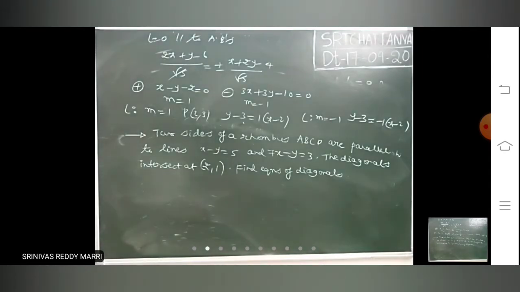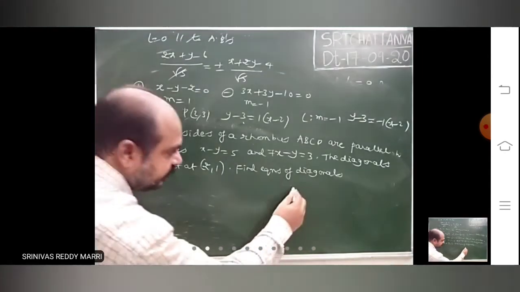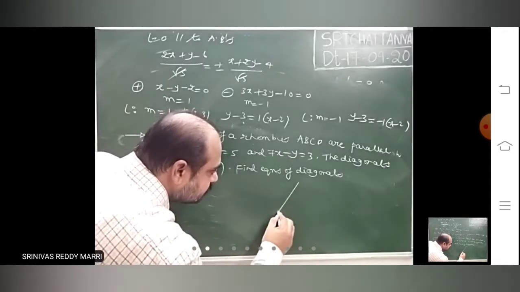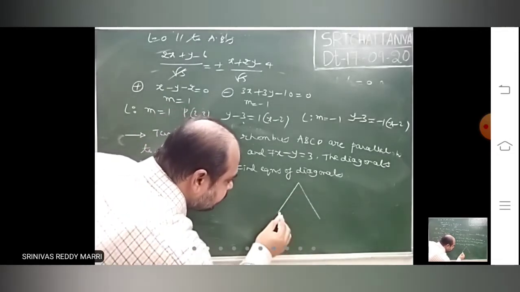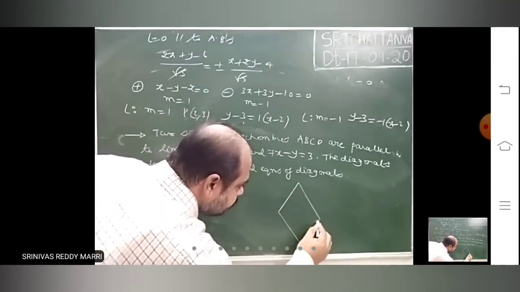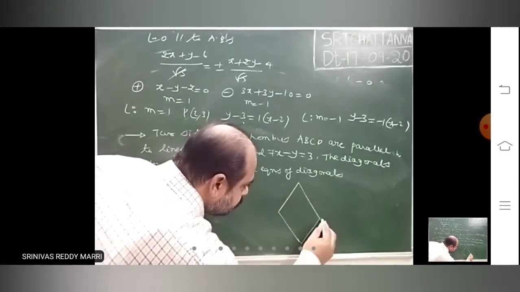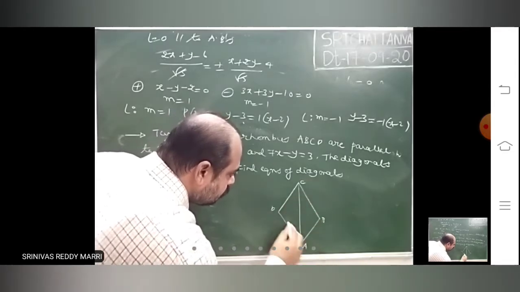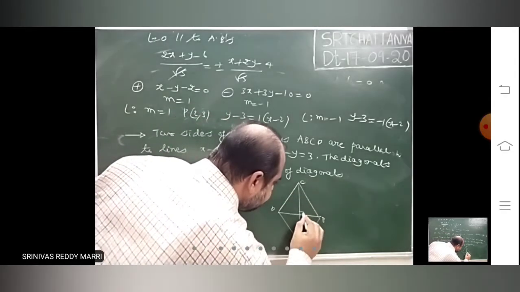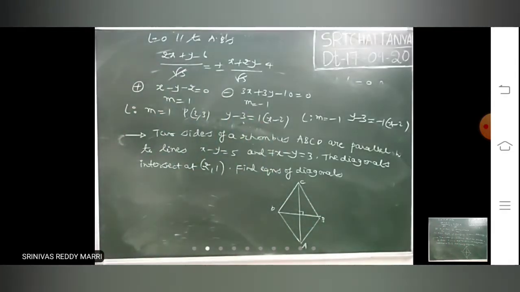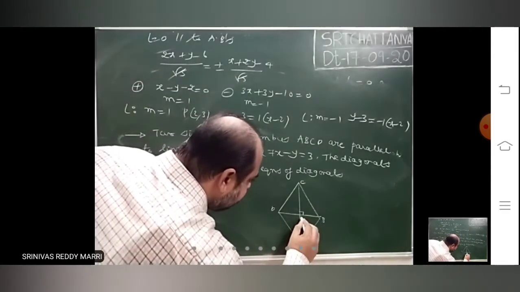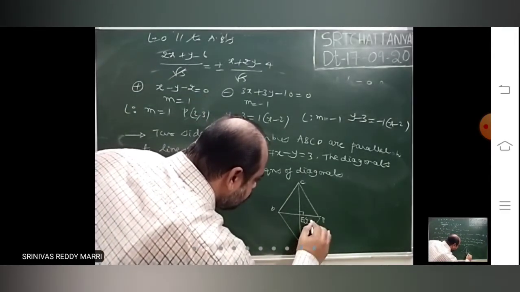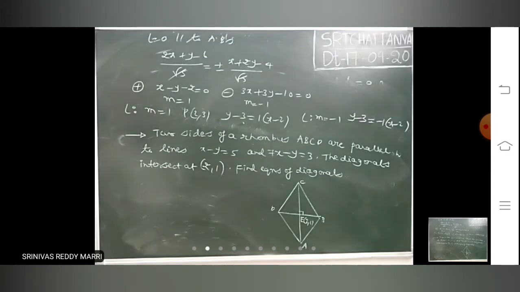Look at this problem. There is a rhombus like this. So the diagonals will be perpendicular. They intersect at (2, 1), as given.